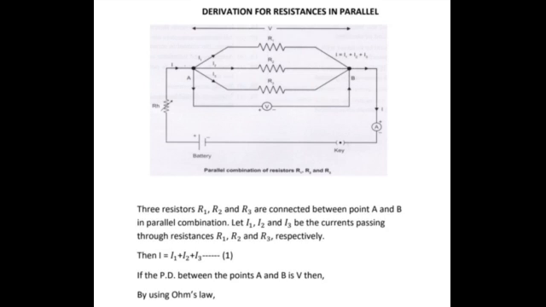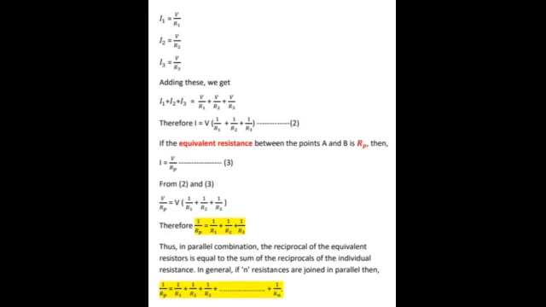Now further we will apply Ohm's law to this. Ohm's law is V is equal to IR. So I1 will be equal to what? V upon R1, I2 will be V upon R2 and I3 will be V upon R3.